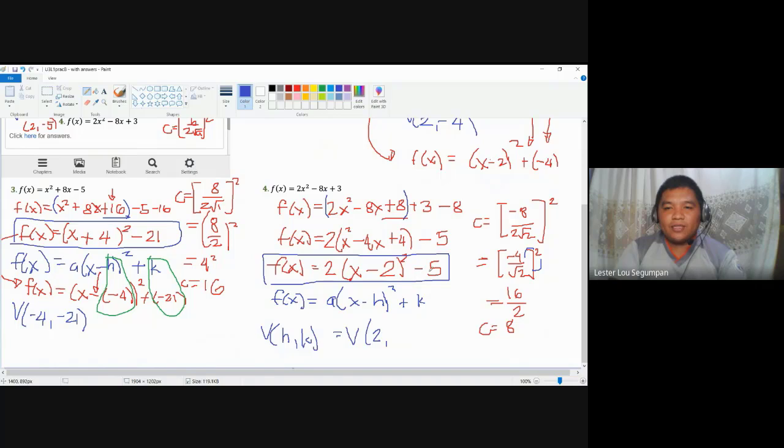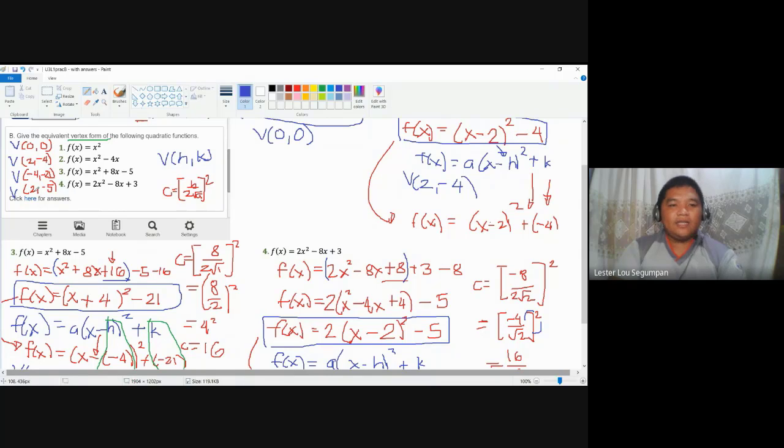This could be expressed as f of x equals 2 times the square of x minus 2, plus negative 5. So your k, the y-coordinate, is negative 5. So this is your vertex. Check earlier: you have the same vertex as what we did in the previous video.